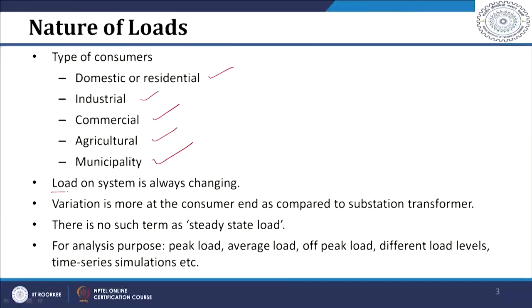So, every time the load on a system is changing. Load is not at all constant on your system, it will be continuously changing because we do not know which customer will switch on or switch off its load at what time.